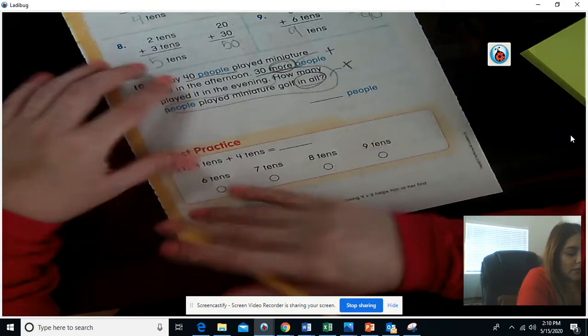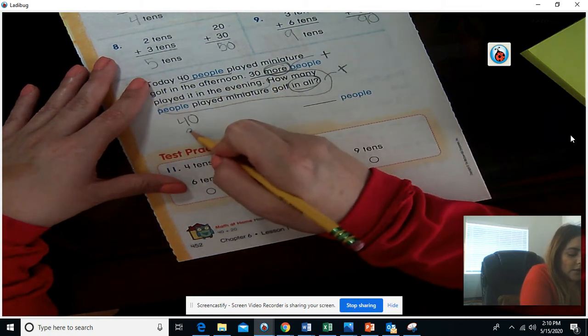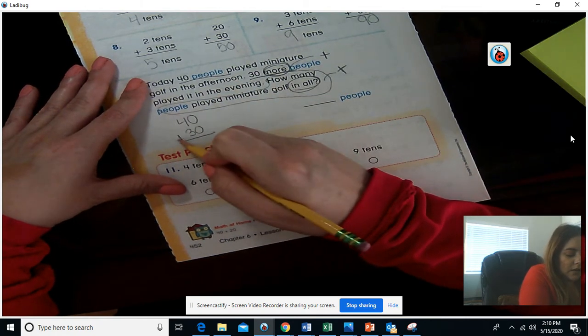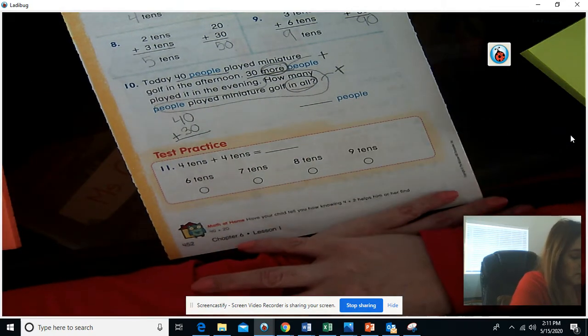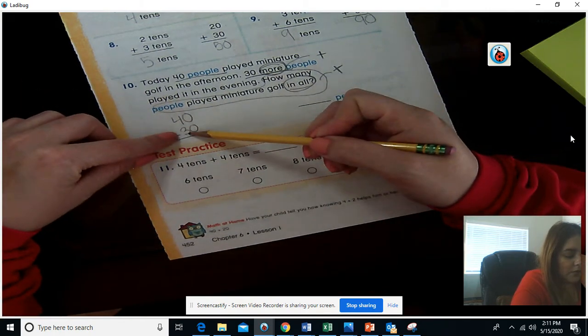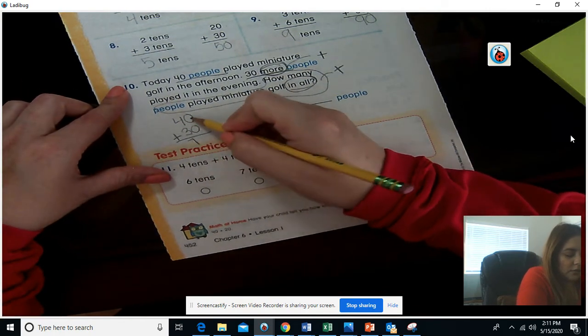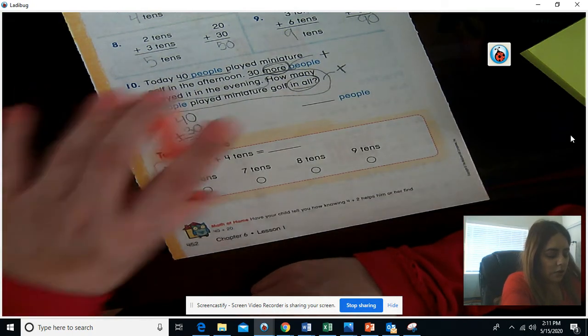So if we had 40 people play and then 30 people played, and we're doing addition, how many people played in all? We can say 4 plus 3 is 7, 0 plus 0 is 0, and then we'll double check our answer with our cubes.